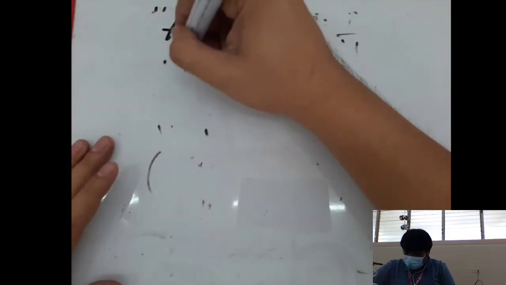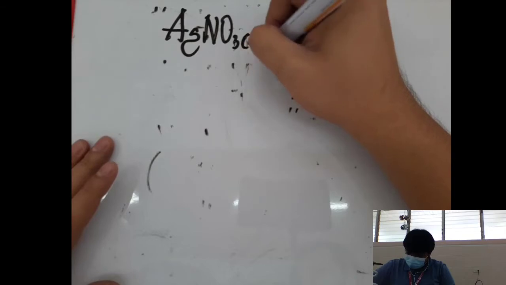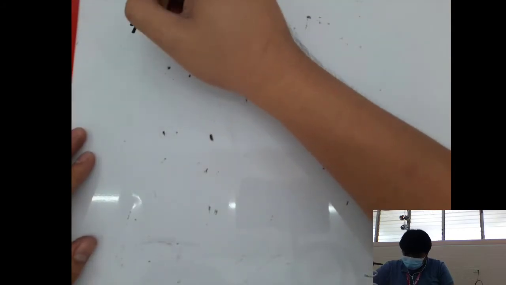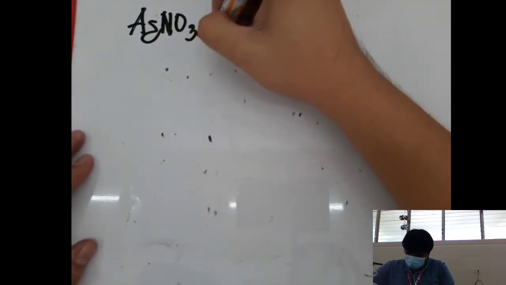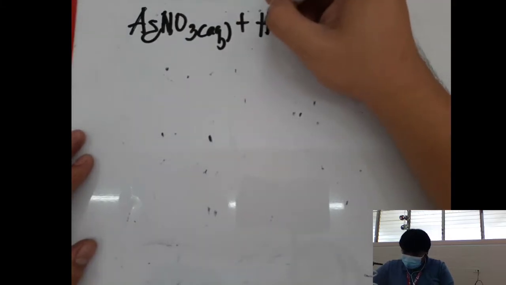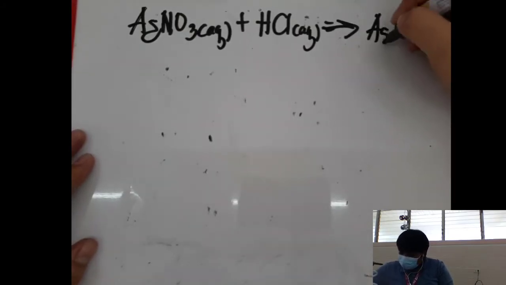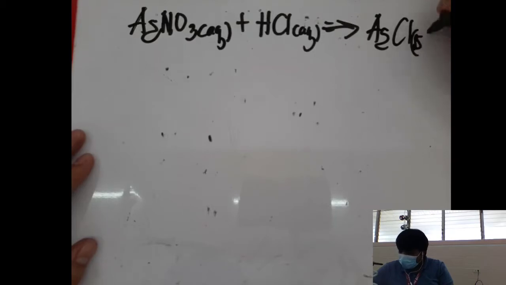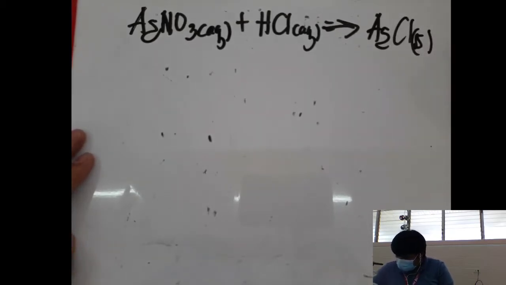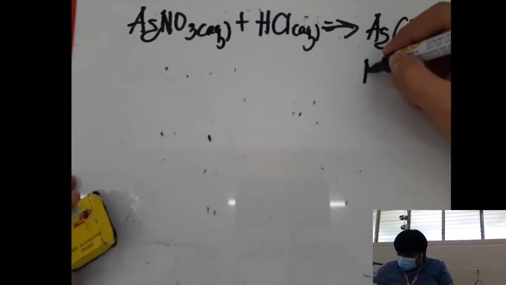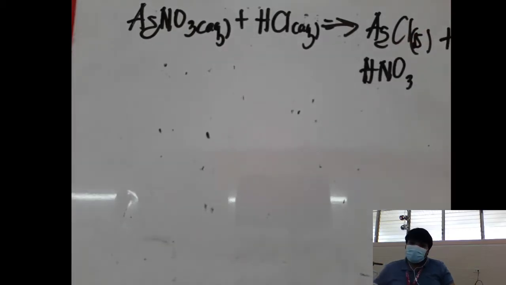So silver nitrate, which is in aqueous form, plus HCl will react to form silver chloride, which is a solid, as indicated, it is a precipitate, therefore it does not dissolve in solution, plus the other product, which is nitric acid. So this is, again, just a double displacement reaction.